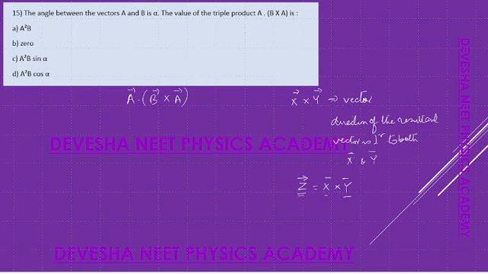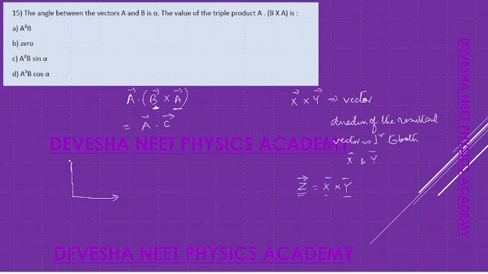So if b cross a is equal to c, and a remains as it is, this resultant vector will be perpendicular to both b and a. What do you mean by that? Imagine that they are the x-axis and y-axis.